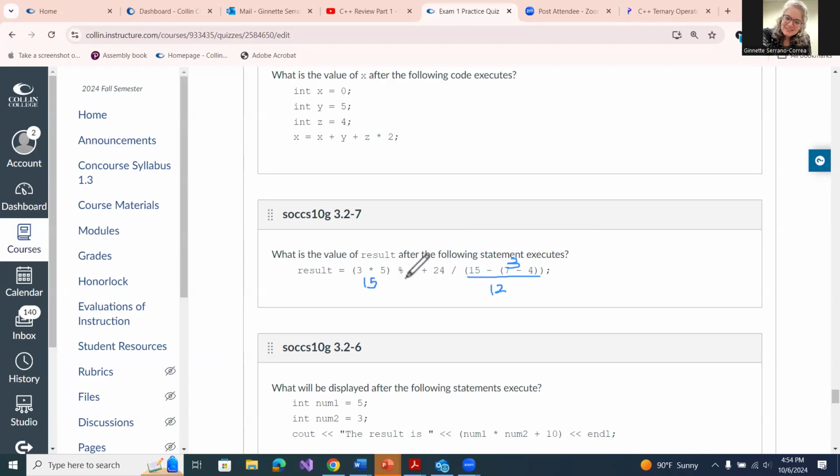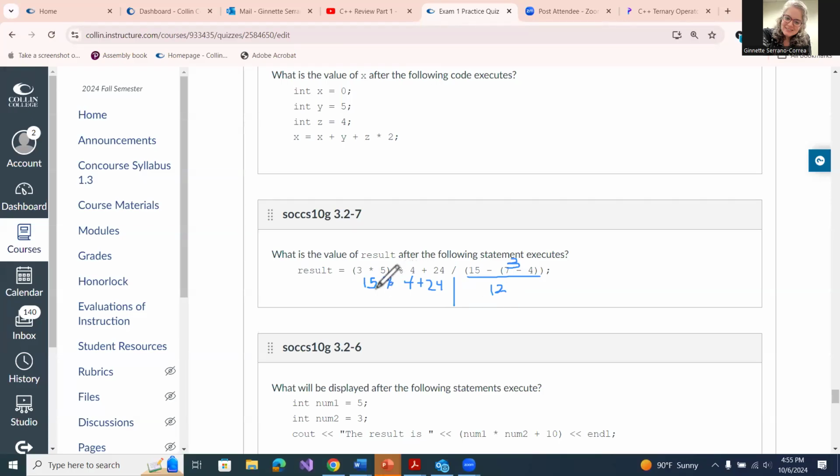So now I have 15 modulus 4 plus 24 divided by 12.